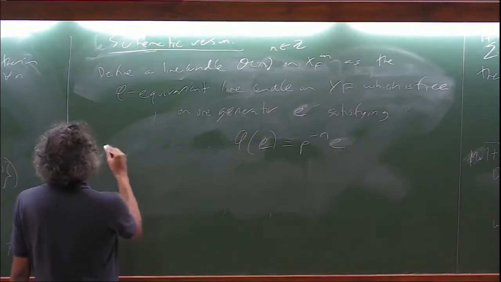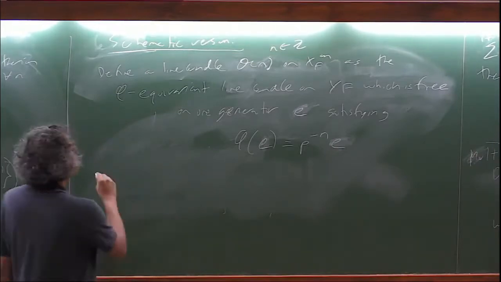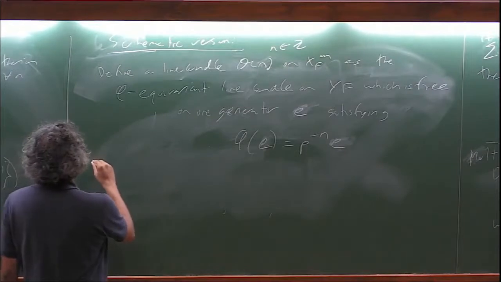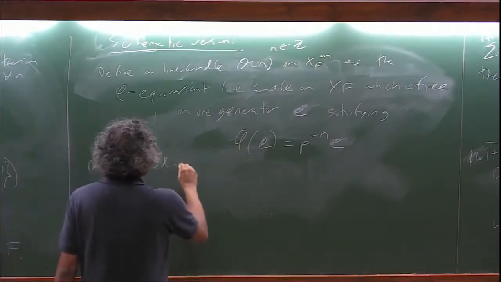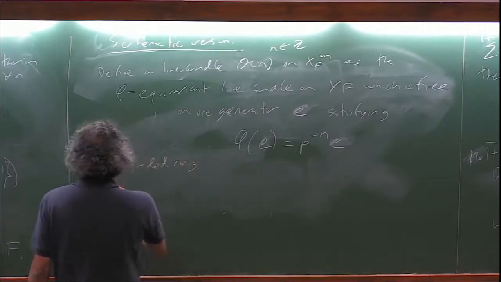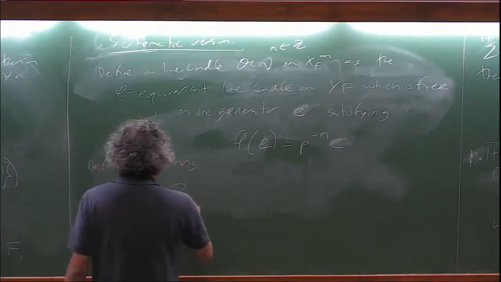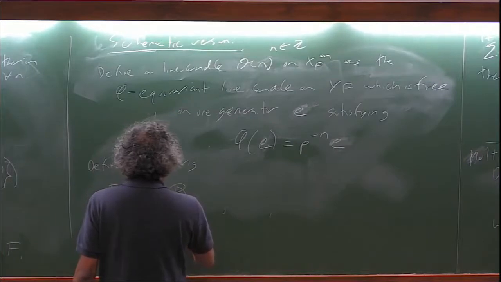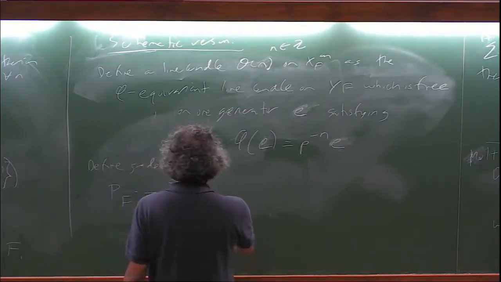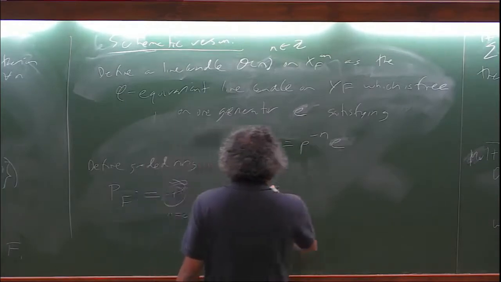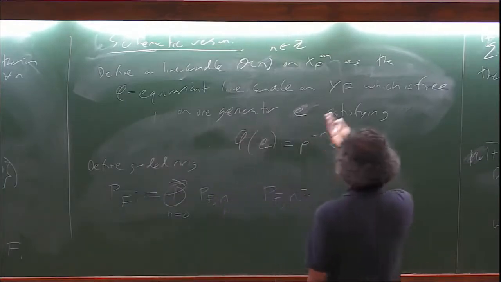So now that I have a line bundle, I can define a graded ring. P_F is going to be the graded ring, in the usual sense of a grading, graded by non-negative integers additively. And what am I going to do? Well, you can sort of guess.